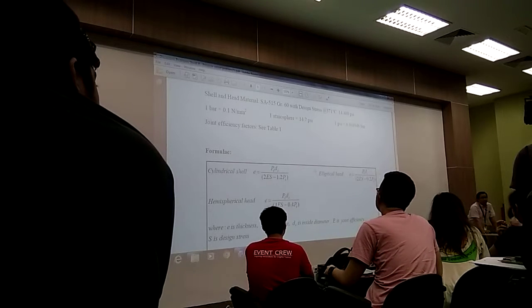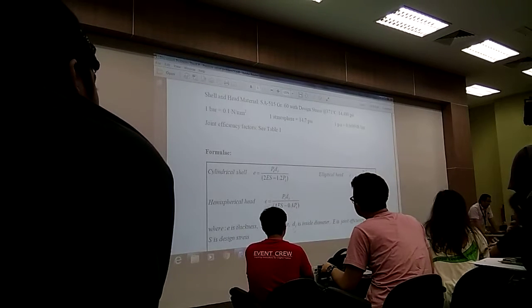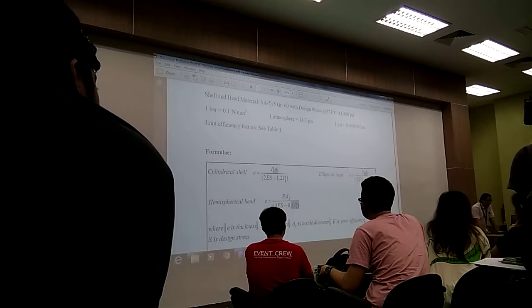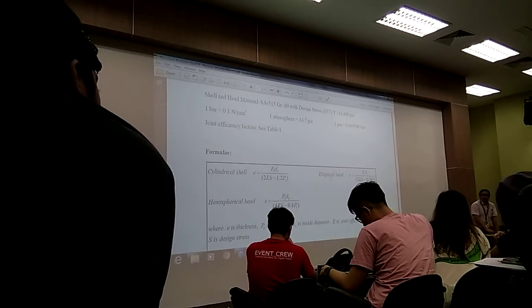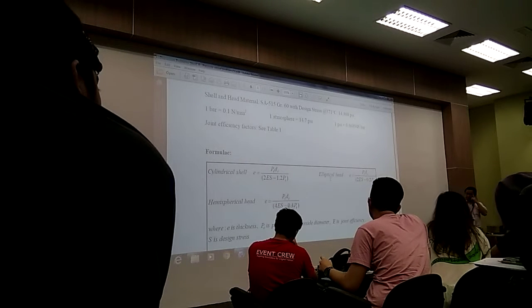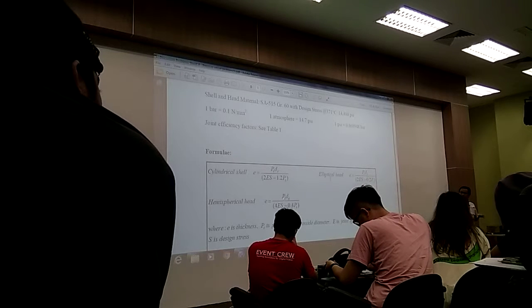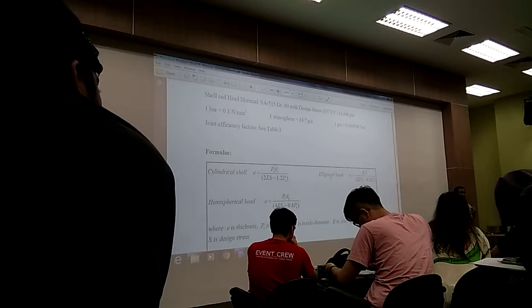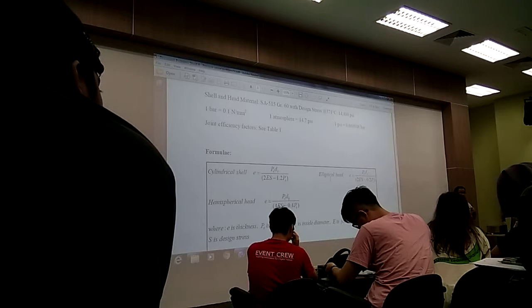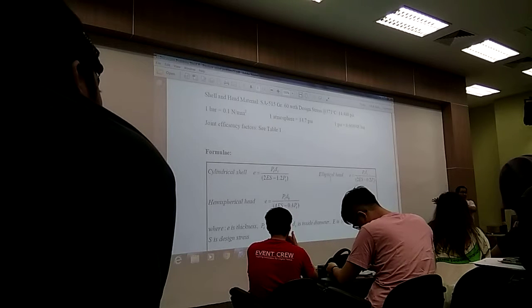And notice that in tutorial I showed to you, sorry, for the hemispherical head here. Remember in tutorial is given, the one that I showed to you, it's Ri instead of Di. But this one is actually Di, so this is the corrected one.